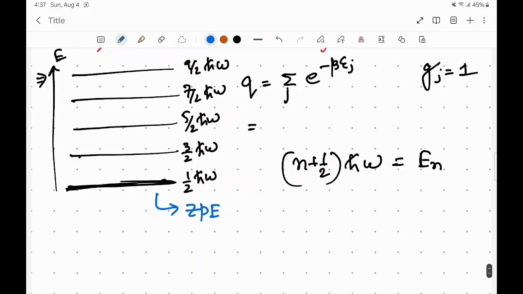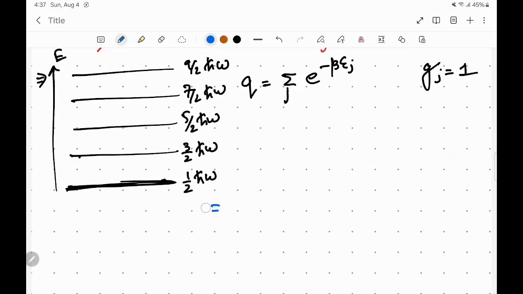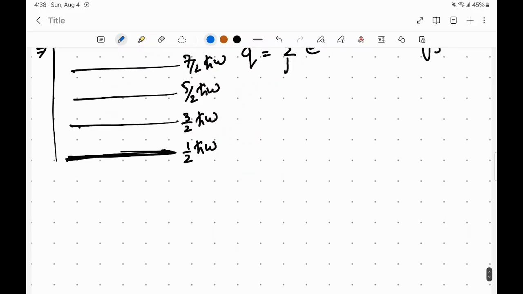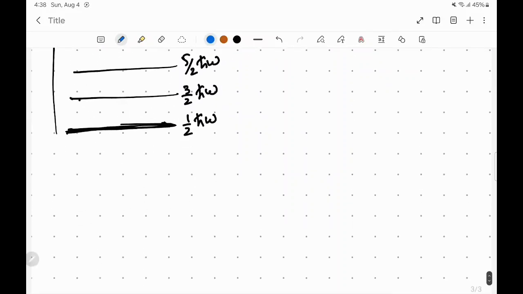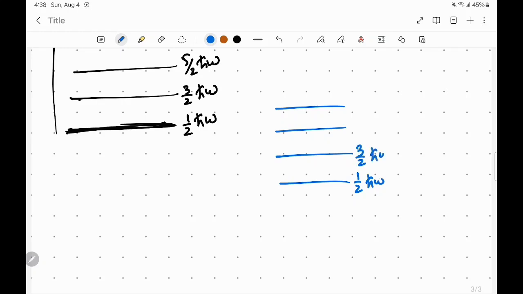But here, for our simplicity, what we have done, I will discuss later: considering zero point energy in the next question, or without considering zero point energy, what will be the changes. But you can approximate this. Let me draw a figure, then it will be easier. Consider just four energy levels: half h cross omega, 3 by 2 h cross omega, 5 by 2 h cross omega, and 7 by 2 h cross omega.